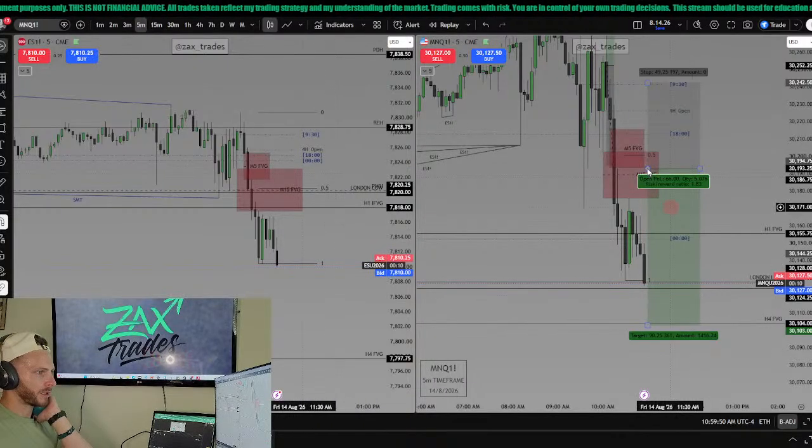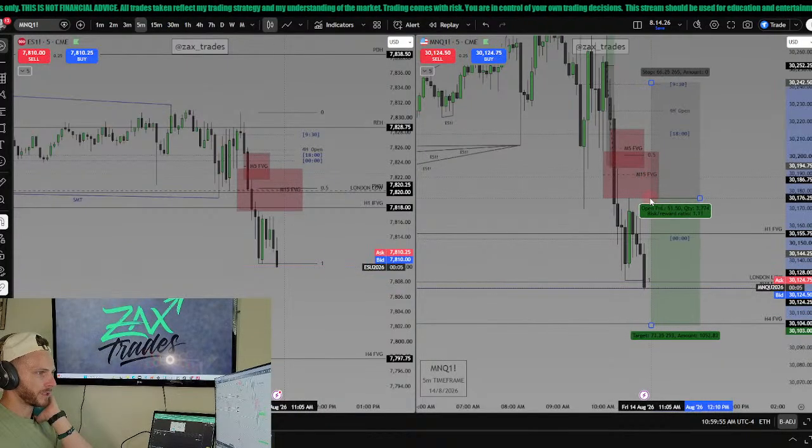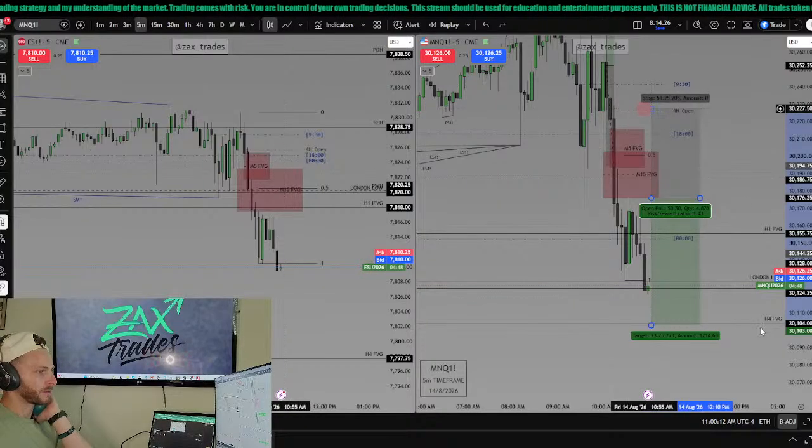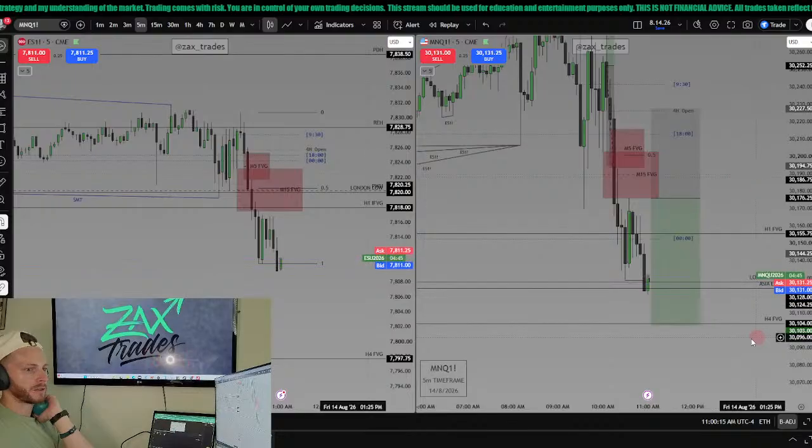Okay. And then I'm gonna move my entry down to just this 15-minute, and then I would like to keep my stop above the 4-hour opening price, which basically means as long as the 4-hour candle doesn't flip back bullish before I exit, I'm okay.